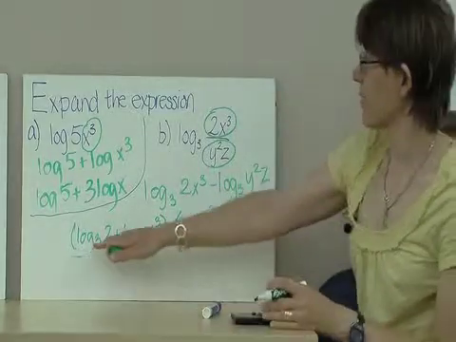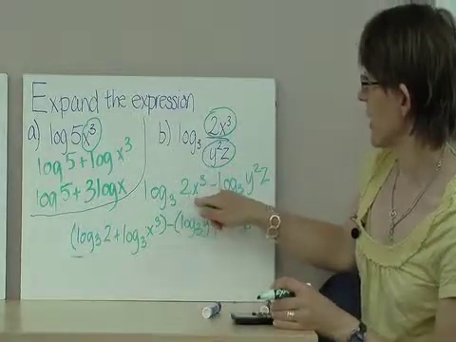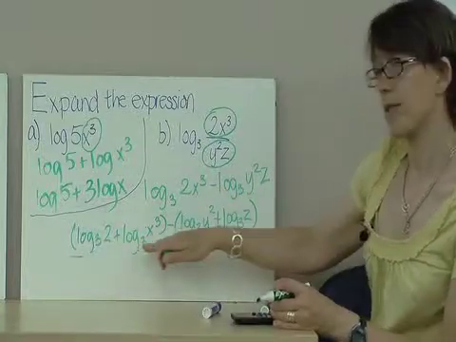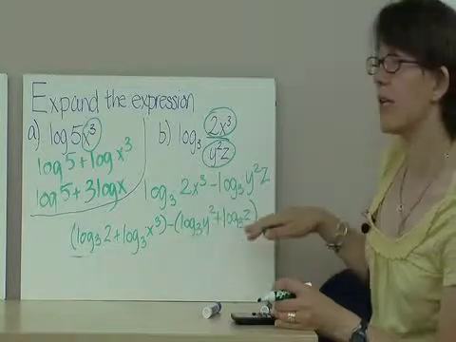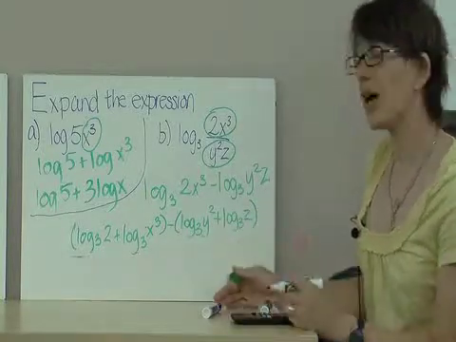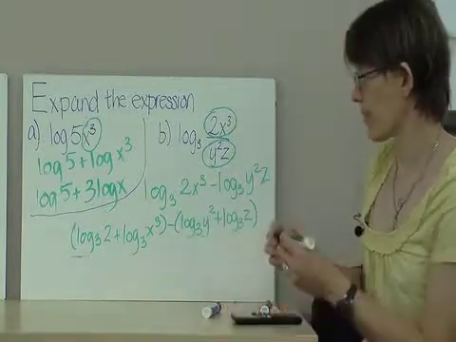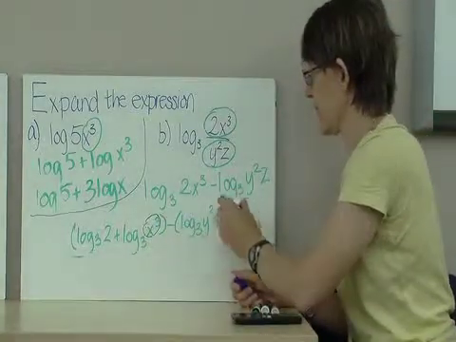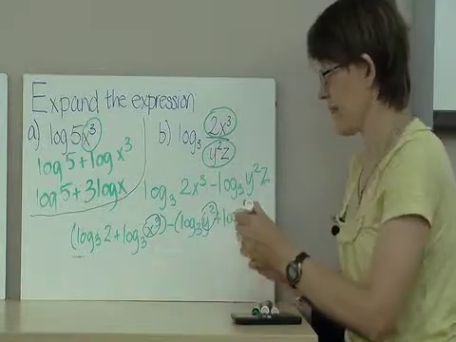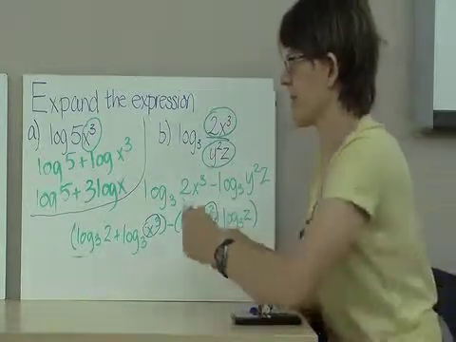So you can see that I've broken up this product 2x to the third into a sum of logarithms and this product y squared times z into another sum of logarithms. Then finally, I'll apply the power property here and here. Still keep the expressions in parentheses.